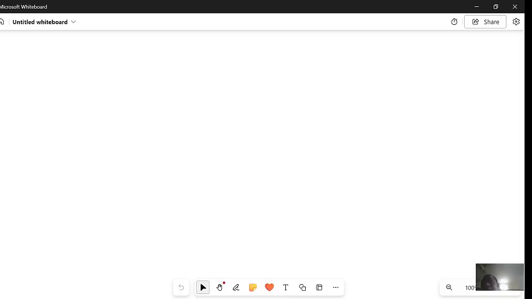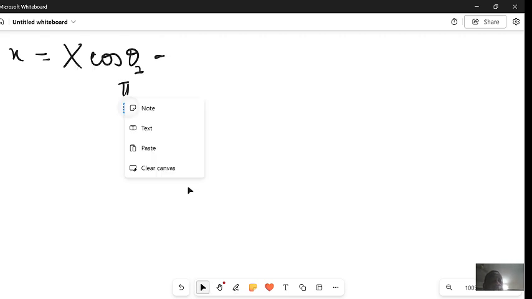I will put the value of x as X cos theta 1, which is pi by 6. Check in the calculator: since it is pi by 6, the calculator should be in radians. Be careful.